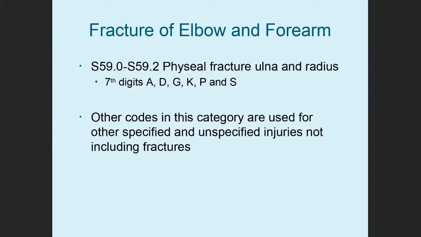Fractures of elbow and forearm include codes for physeal fracture of the ulna and radius with 7th digits A, D, G, K, P, S. Other codes in this category are for other injuries. They have different 7th digits, but those are not for fractures. Those are for other injuries.